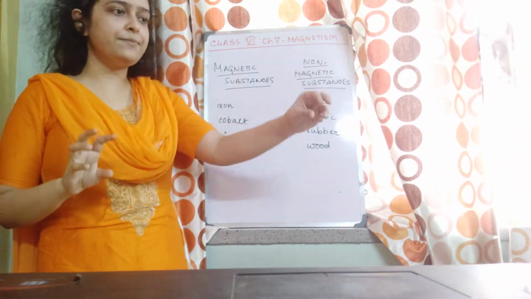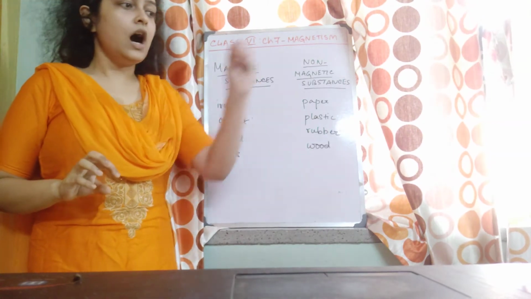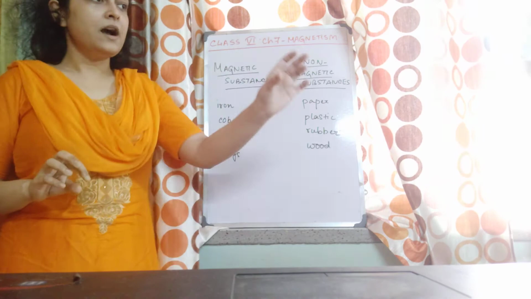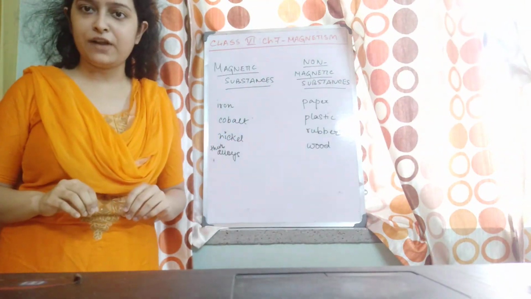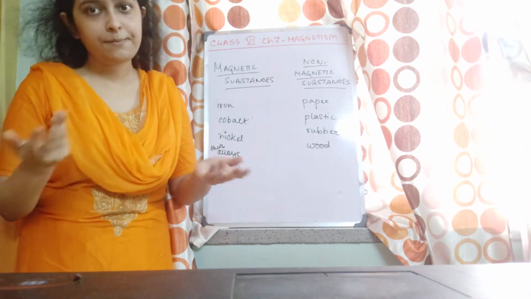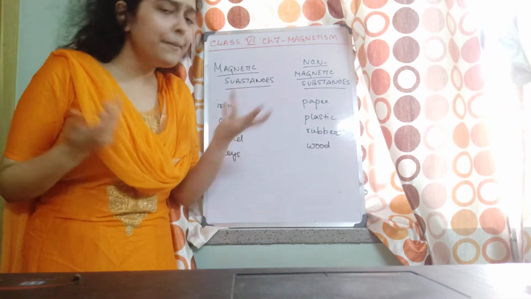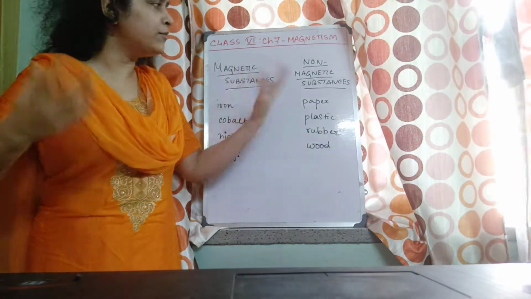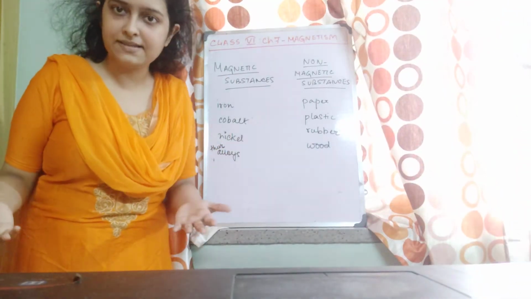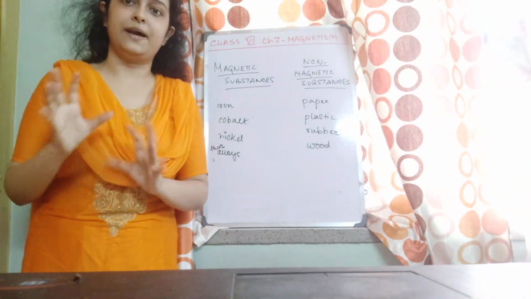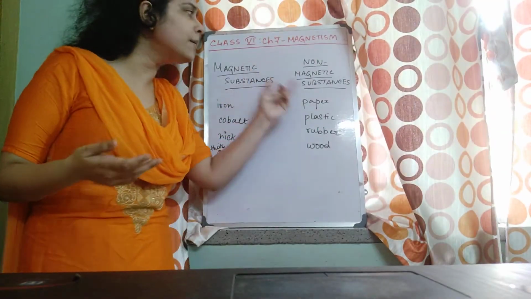If you keep a plastic ruler, a wooden chip, a wooden toy, paper, or rubber in front of a magnet, these are not attracted, so we call them non-magnetic substances.